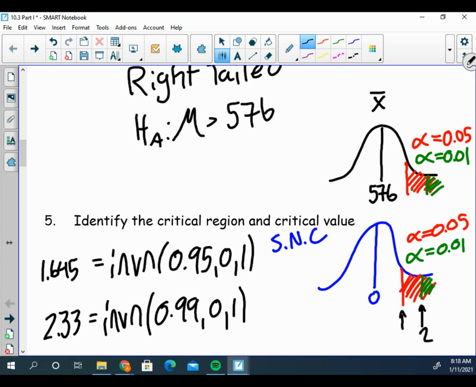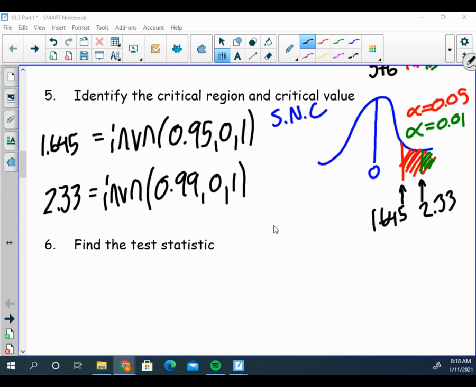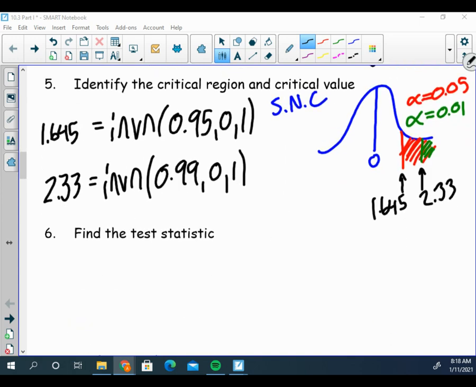Again, for your visual sake, if you're drawing a picture, which I think can be super helpful, that's what we're looking at. We have two cutoff values. So what we're really going to do now, we kind of had to double dip there, but the test statistic, that's just where we transfer our sample mean, which was 615, onto the standard normal curve because that's where we know the cutoff values are.